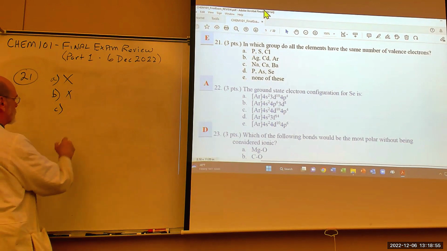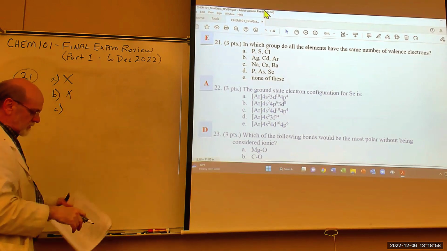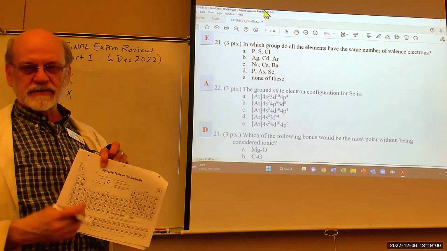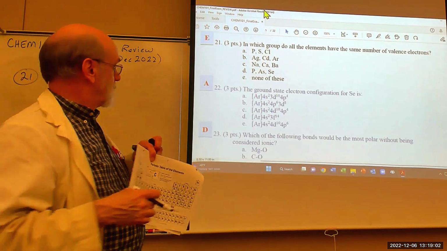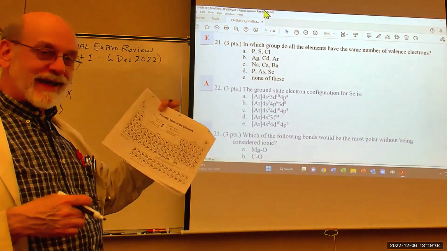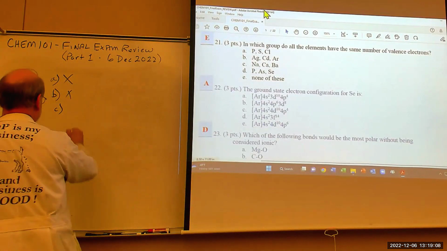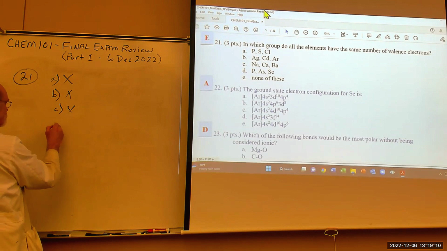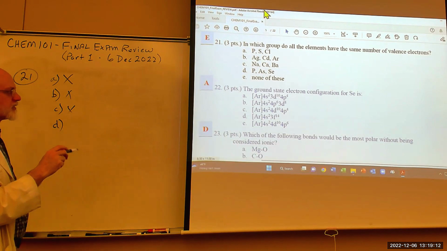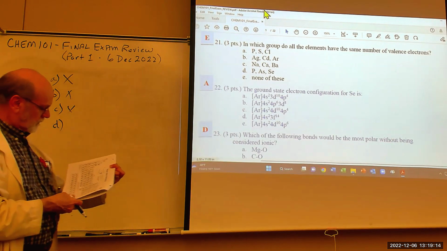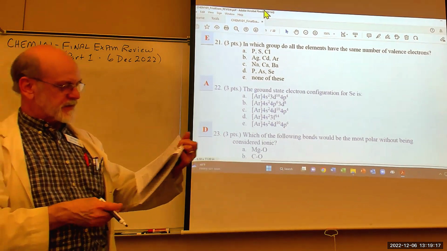Sodium, calcium, barium. Sodium is an alkali metal. It's in the first group. Barium and calcium are alkaline earths. They're in the second group. So that one doesn't work either. How about D? Phosphorus, arsenic, selenium. Phosphorus is in the pnictogens.